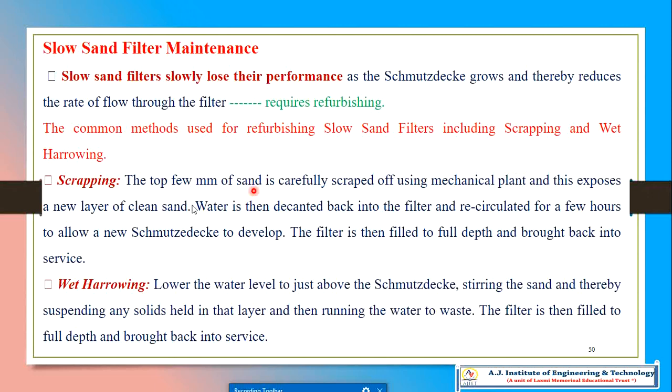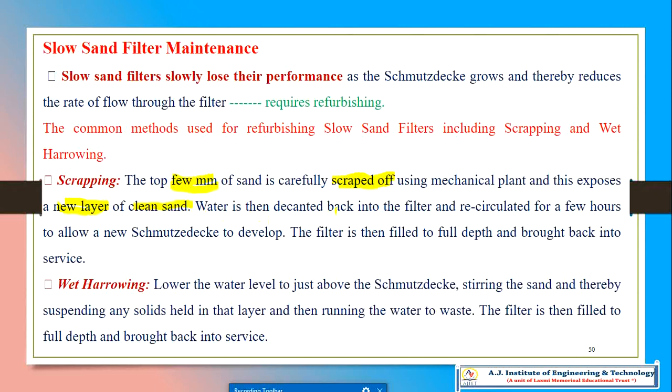Because in the top layer almost all the layer is formed, that thin layer is to be removed, just in the top layer, not in depth. This exposes the new layer of clean sand.